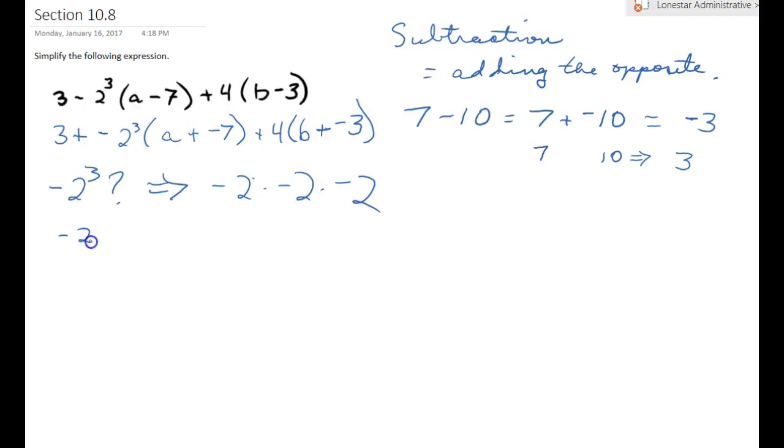If it had been negative 2 all in parentheses cubed, that would equal this, but in this case it does not.